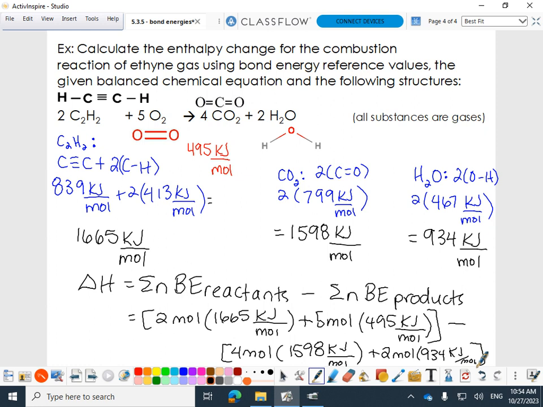So I'll do 2 times, and if you like to do dimensional analysis, all the moles cancel.